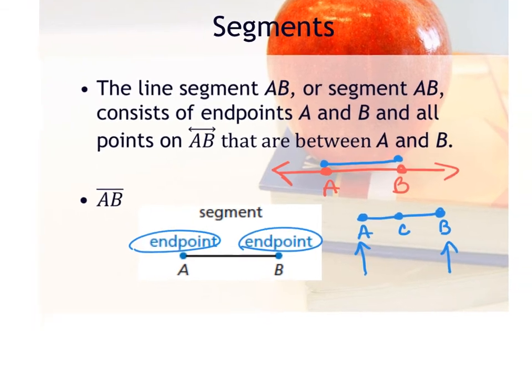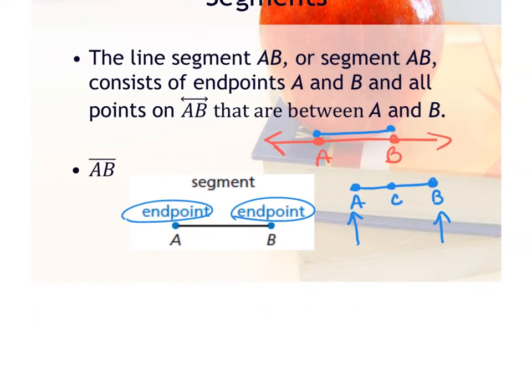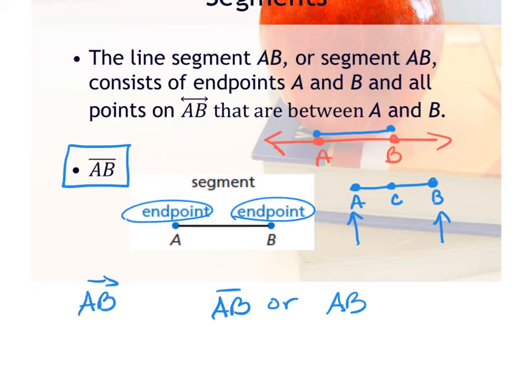Now, generally the way that you would write a segment is you would put the 2 capital letters, and then you would just put a bar on top, no arrows. Sometimes you're also going to see a segment as just 2 capital letters. So this would be the one where you wouldn't need to put the bar on top. However, if you're talking about a line, you need the picture of the line on top.